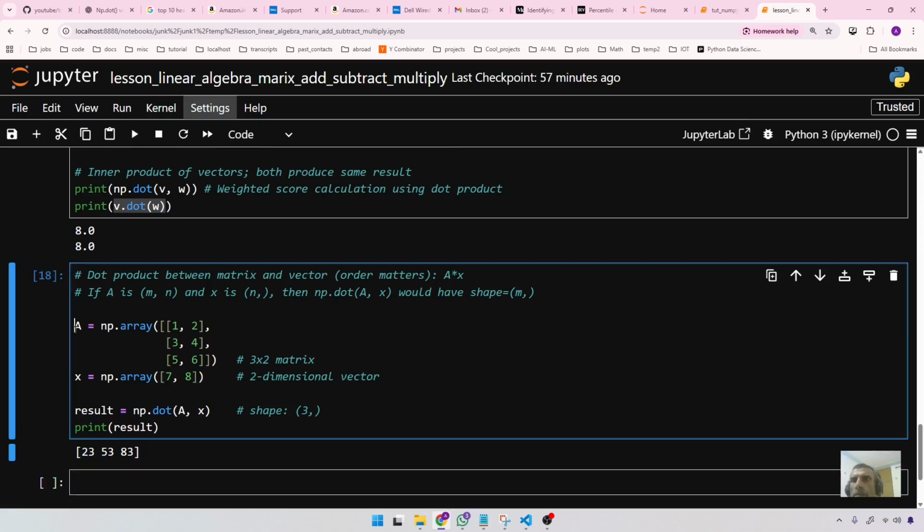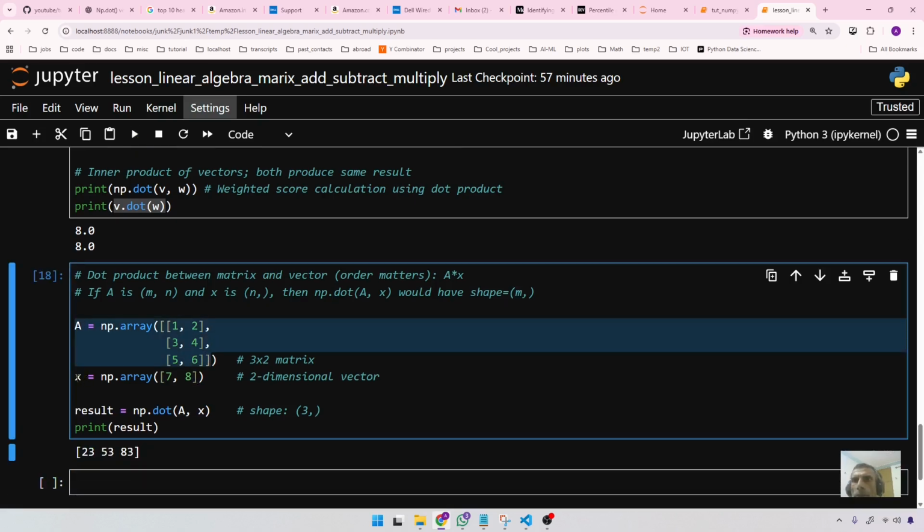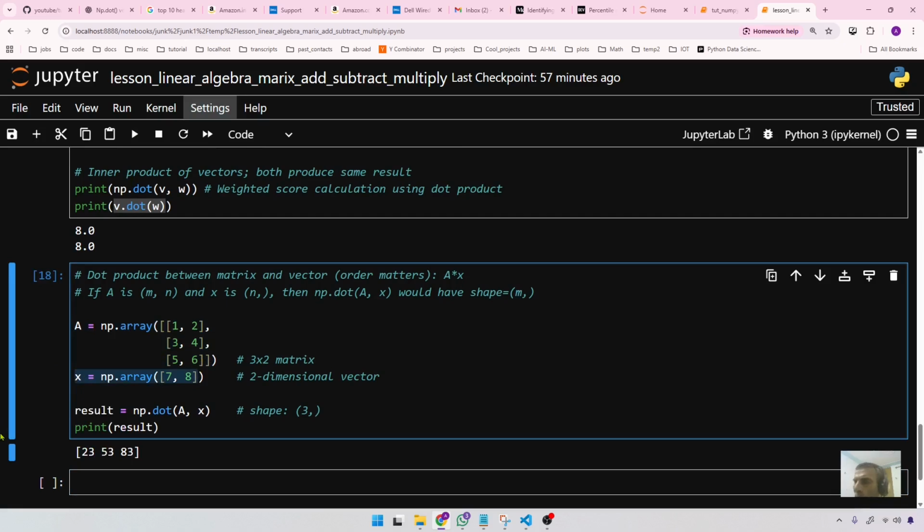This is my matrix A, this is my X, and I'm doing A dot X. This is what the function does, and my result is right here.